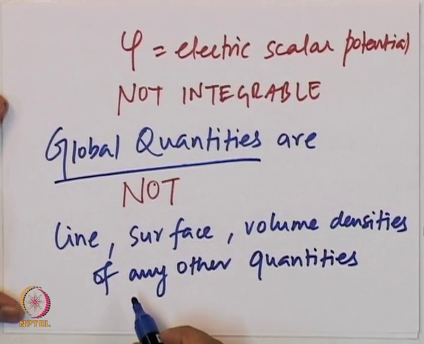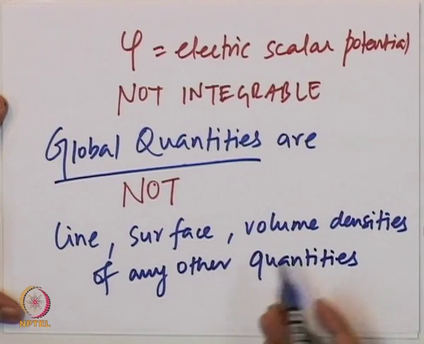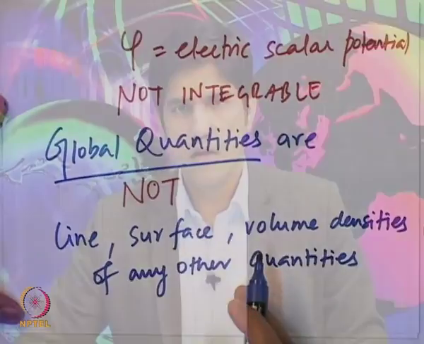The global quantities cannot be defined as line, surface or volume densities of any other quantities, like the way we have done it for the field quantities. They themselves are integrated along the topological space to which they are associated, and they are not defined on the points, like in the case of field quantities. Here the global quantities are associated or defined over the domains.